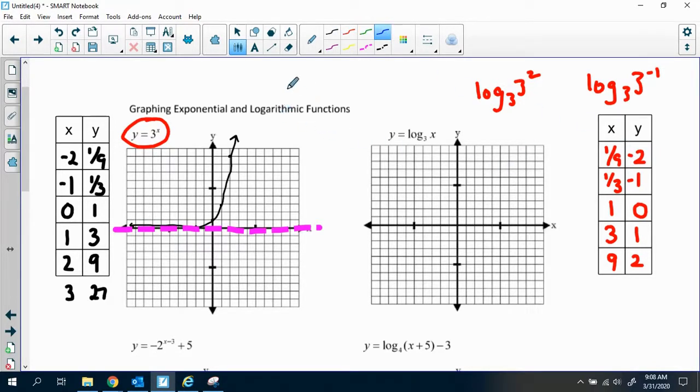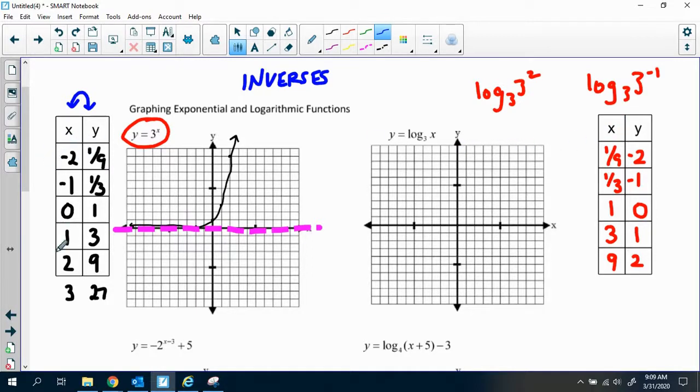Notice, just as we've been talking about, these log and exponential functions are inverses of each other. Let's recall from earlier in the year, inverse functions: if we have f inverse of x, we flip the x and y values, and once we flip them, we end up getting whatever the inverse function is.